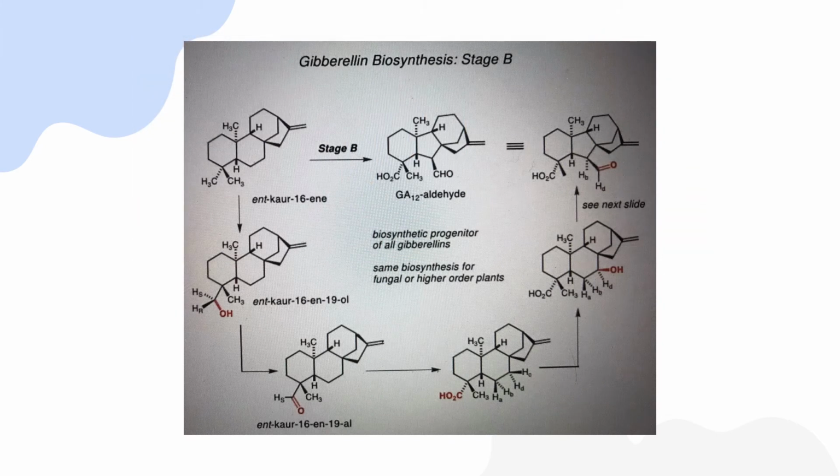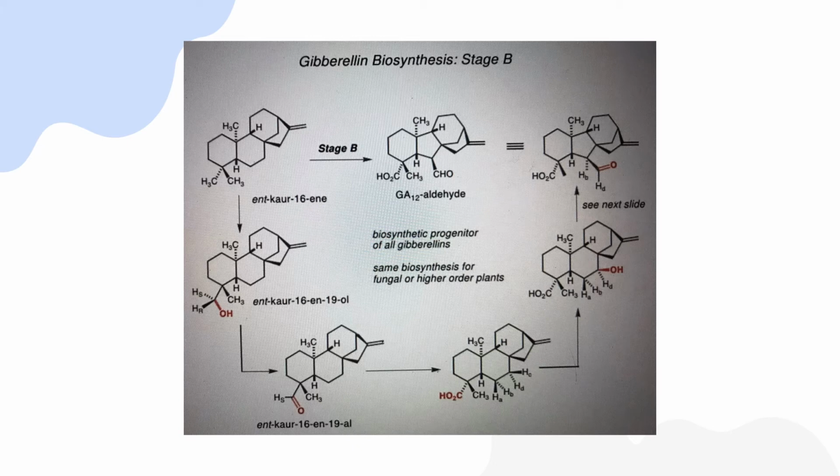The second stage in gibberellin biosynthesis is the oxidation reactions on the endoplasmic reticulum to form GA12 and GA53. In this stage, a methyl group on ent-kaurene is oxidized to a carboxylic acid, followed by contraction of the B ring from a 6 to a 5 carbon ring to give GA12 aldehyde.